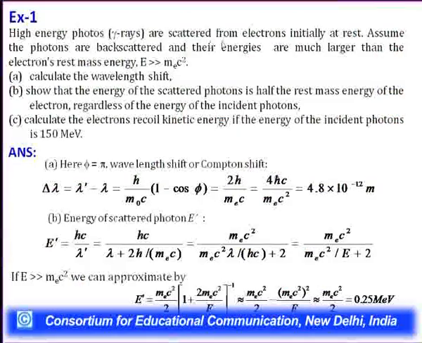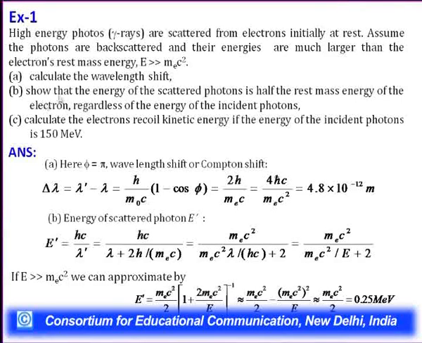Now high energy photons, meaning gamma rays, are scattered from an electron initially at rest. Assume the photons are backscattered and their energies are much larger than the electron's rest mass energy, E much greater than m_e c squared. First, calculate the wavelength shift.